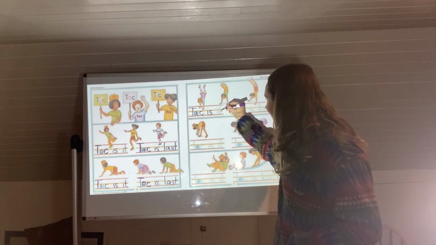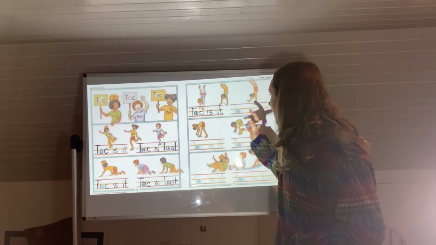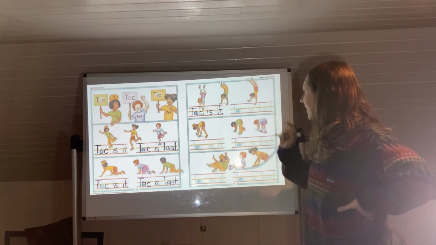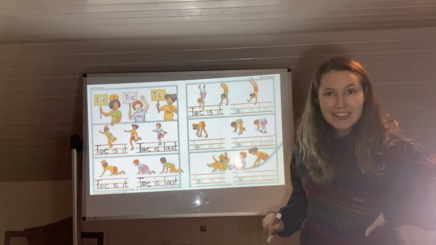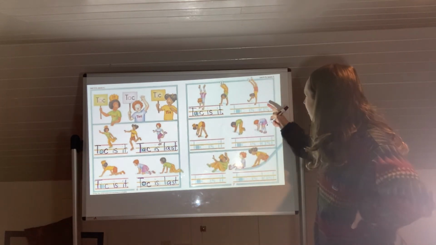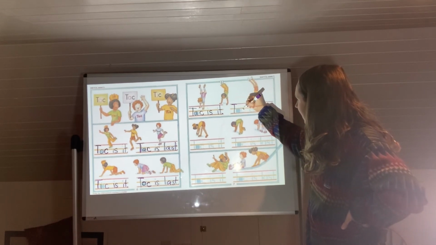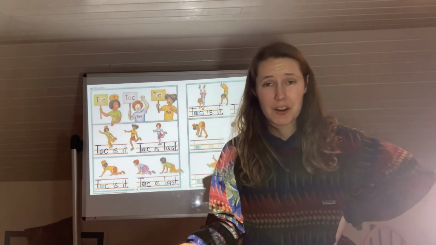And now let's trace our next words, our memory words. Is it. And we can't forget our period to tell the reader, stop reading. Now who is last this time? Tack is it, but who is last? It's Tick. So we need to trace our letters again. T. And there's the K at the end. But what's in the middle of her name?